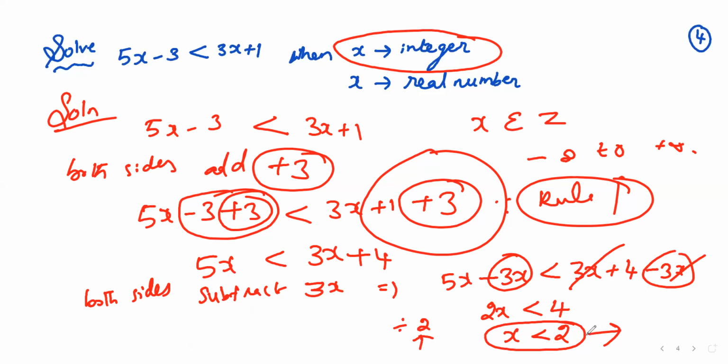Okay, now we have to give the solution set. If x is a natural number, then this is the solution. If x is just a real number, what is the solution set?